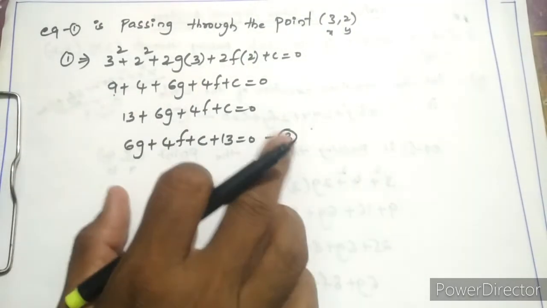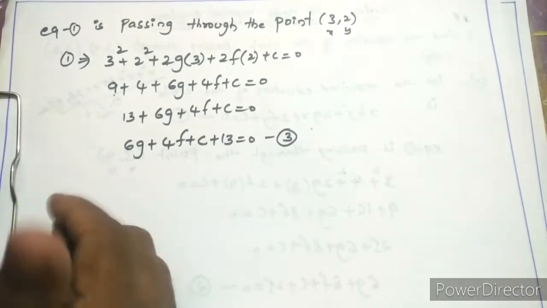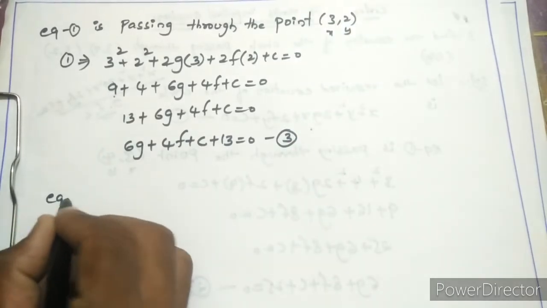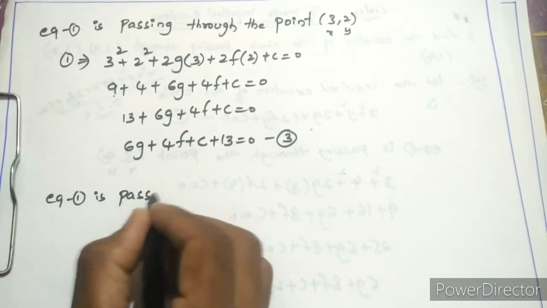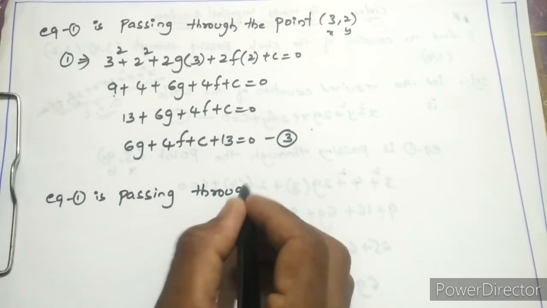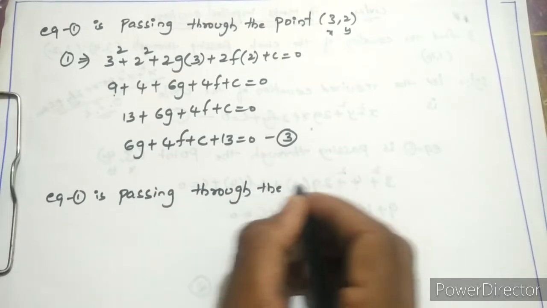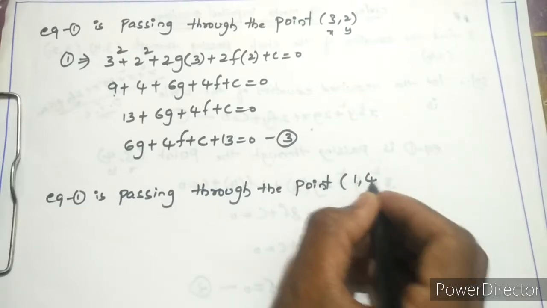Continuing, we have to find the equation of the circle passing through the third point. What is the third point? 1, 4. So equation 1 is passing through the point 1, 4.